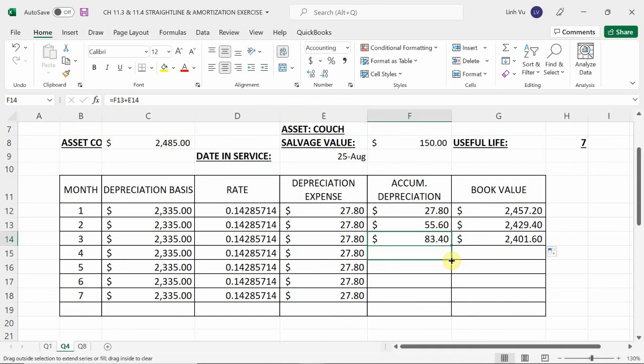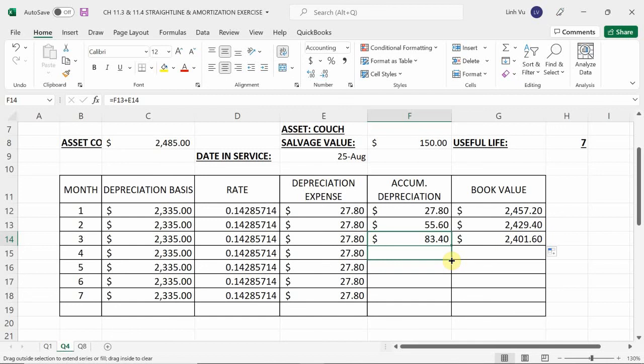No, it's only the previous year's accumulated depreciation. So the previous one's only 83.40. This already includes the 55.60.